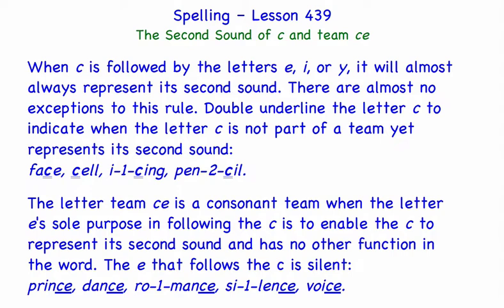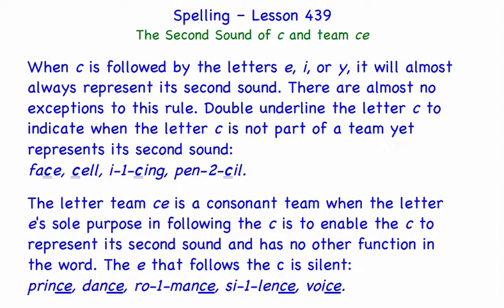In the word icing, we have C in the second syllable, followed by the letter I. Remember, when C is followed by E, I, or Y, it will almost always represent its second sound, so we double underline it. And then finally, pencil. We have C followed by I in the second syllable of that word, so we double underline the C. And in all of these words, the C is representing the S sound.